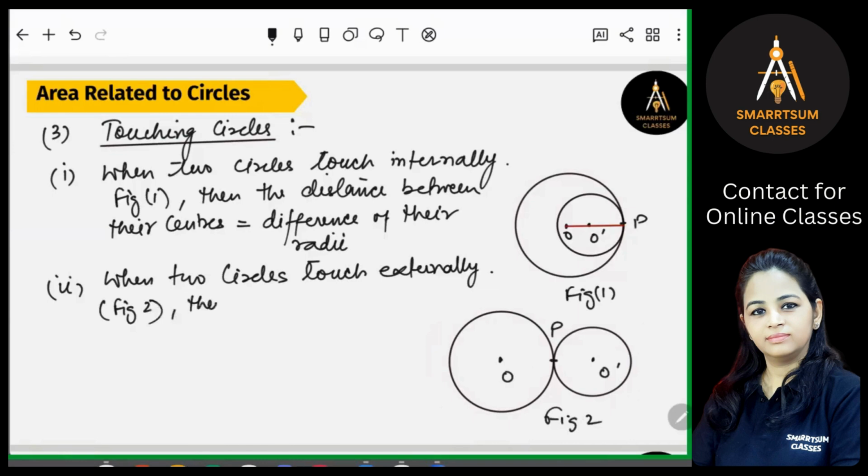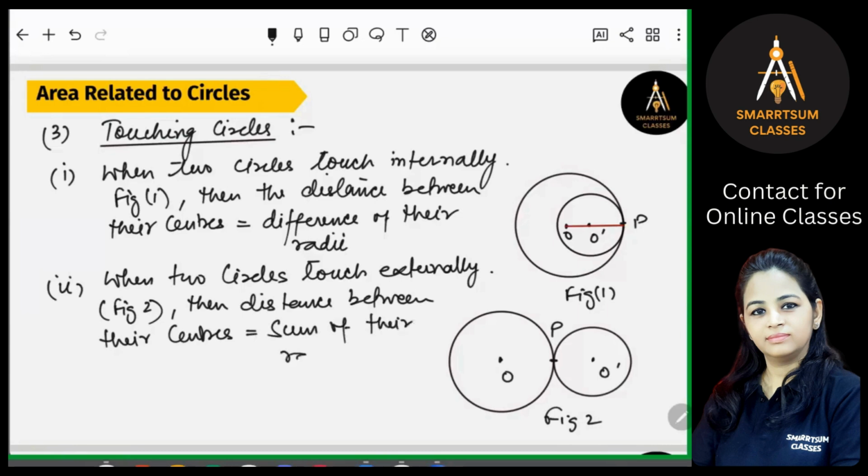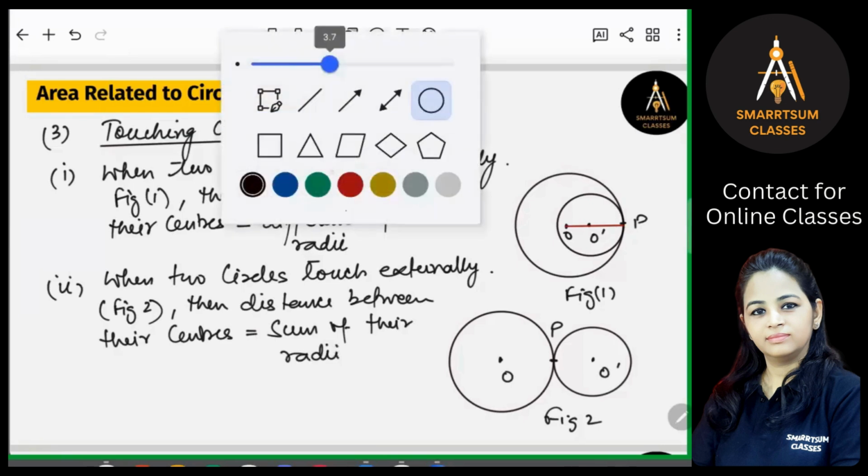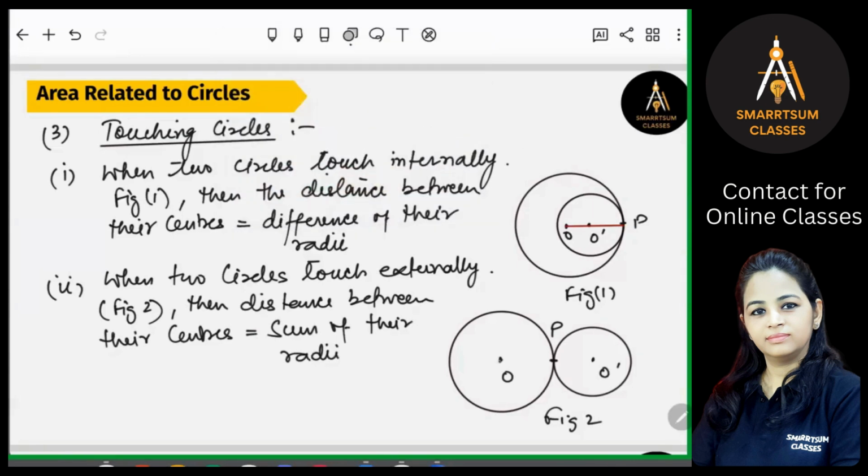then the distance between their centers will be equal to the sum of their radii, right? So if we add their radii, we will get the distance between their centers. That means, what will be the distance between their centers?